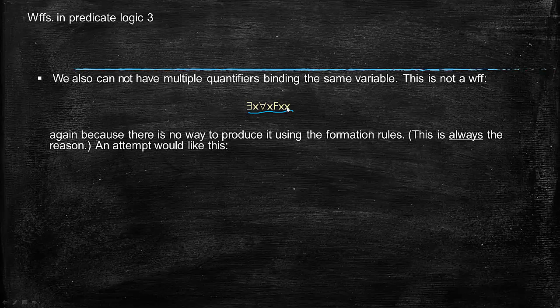Well, why do the formation rules show us that it's not a woof? Again, just try to make it. Start with, say, FAA. You can certainly make for all X, FXA. That's fine. But now you can't make the next step, because if you were to attach an existential on the outside and put another X in for A, you'd be violating rule 4, because it says that you have to use a variable that's not already in the formula.